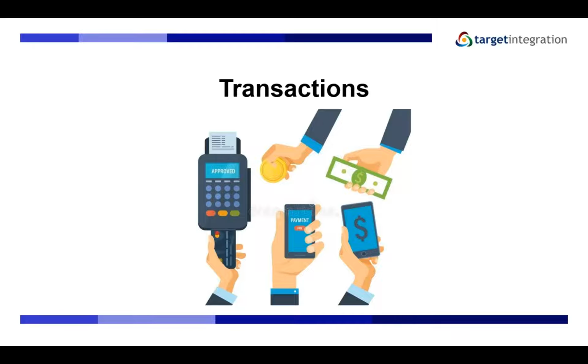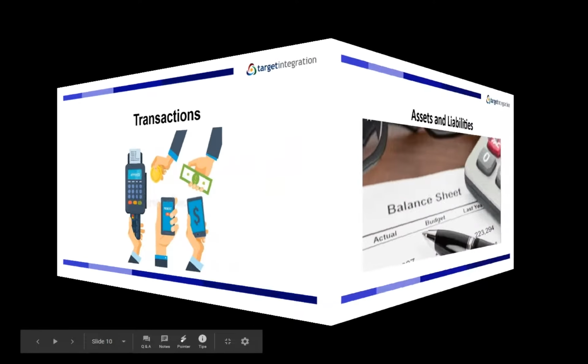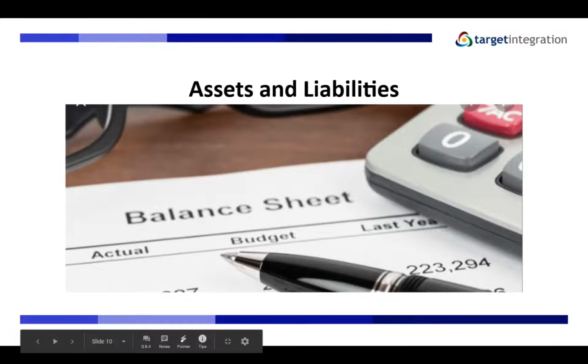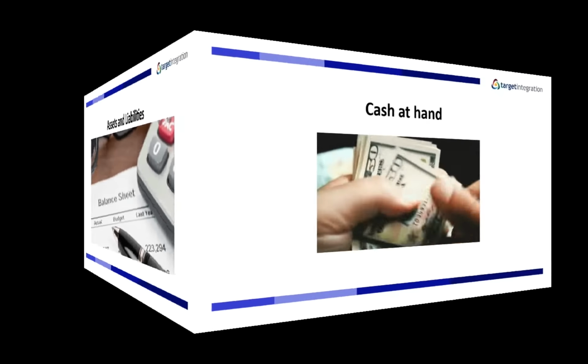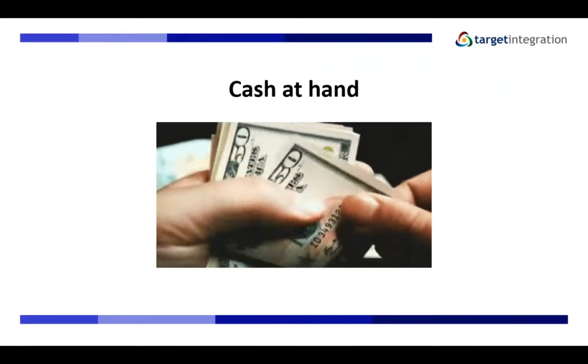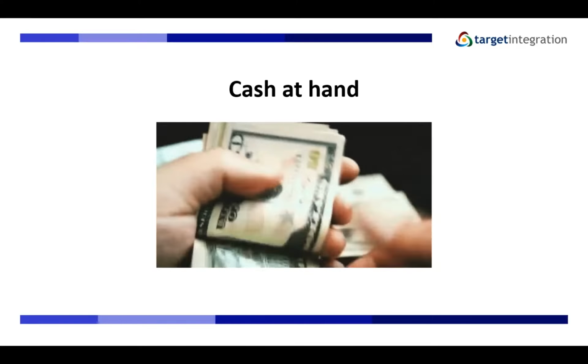Also, you can categorize them in the right ledger, so whether the expense is an account payable or an account receivable. Your assets and liabilities are necessary from the end of a given accounting period and are useful at other times as well. Cash at hand, where you need to keep a close eye on how much cash is in the bank at any time.